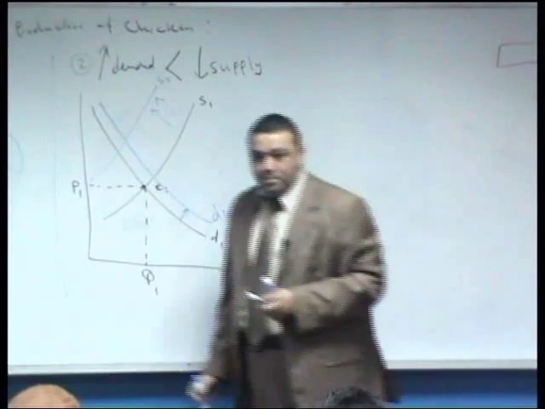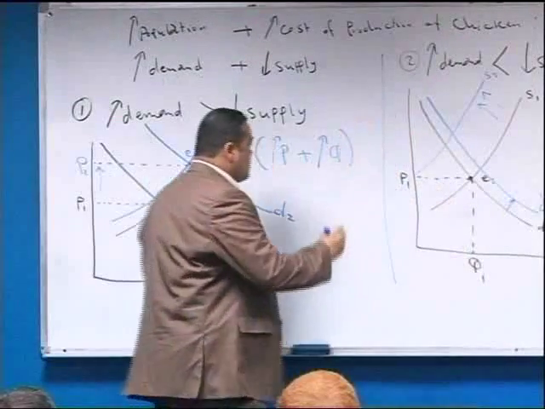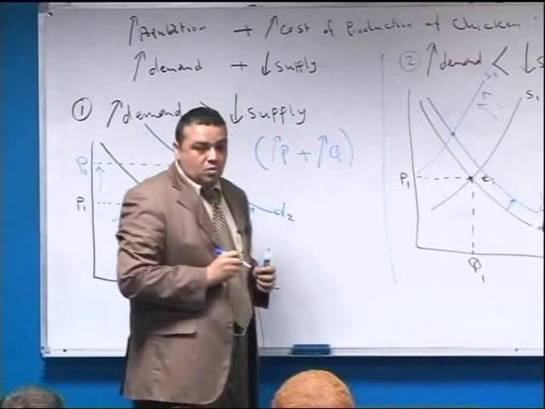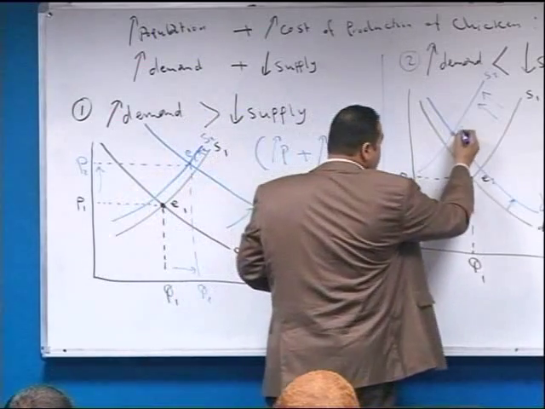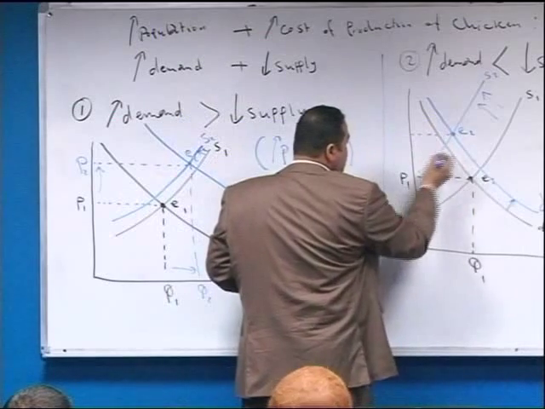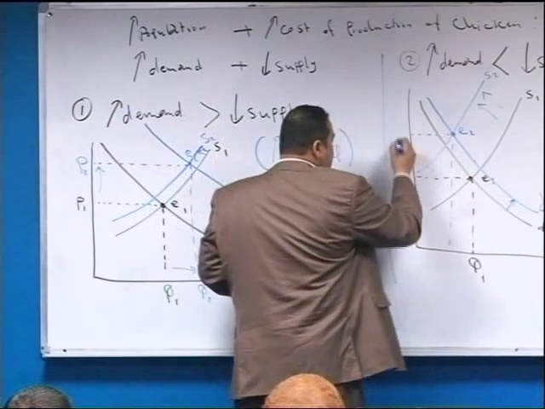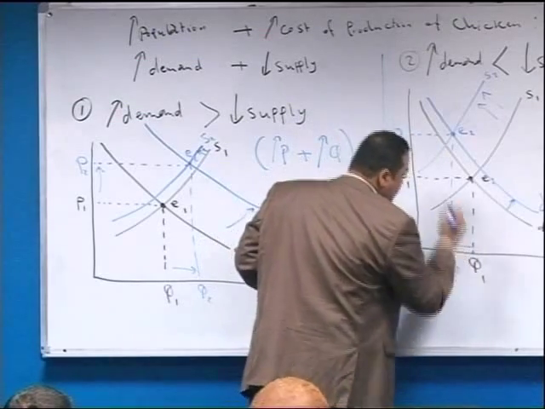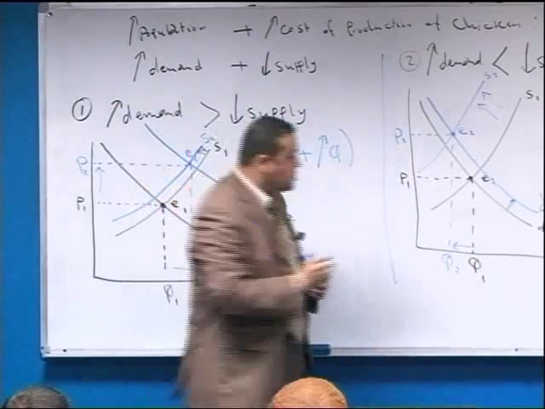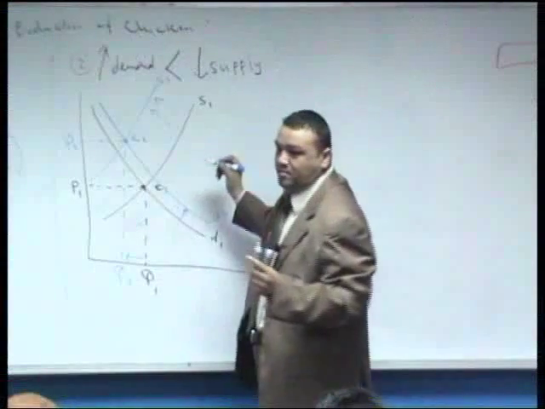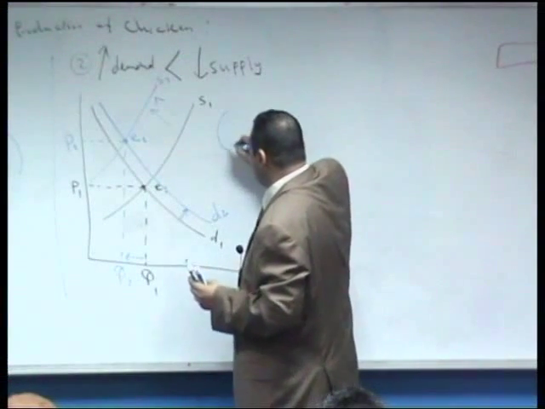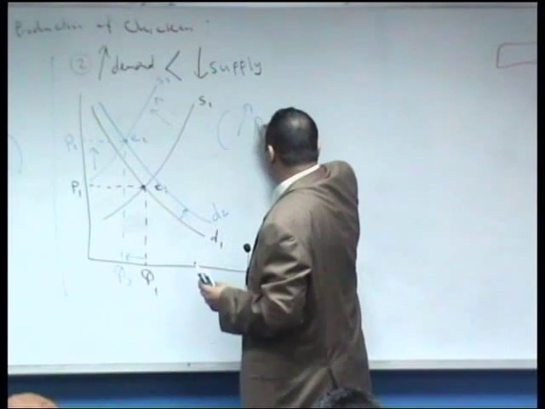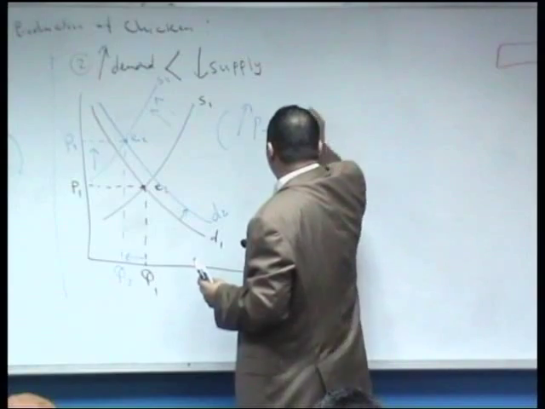The new equilibrium point occurs when S2 intersects demand 2. So it's E2. In this case, the price would increase and the quantity would decline. So the outcome of the equilibrium is an increase in price plus a decrease in quantity.